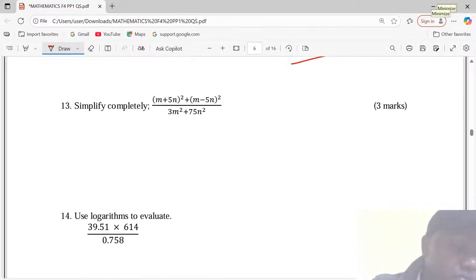Number 13 on factorization. This one is again an interesting item. Simplify completely: m plus 5n all squared, plus m minus 5n also squared, then we divide by 3m squared plus 75n squared.